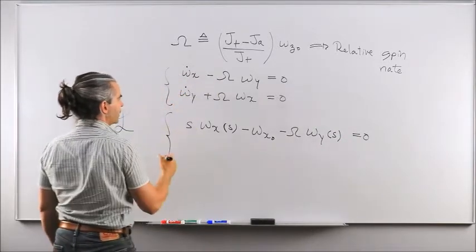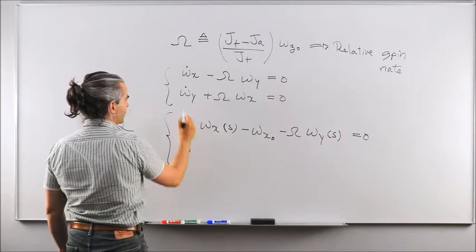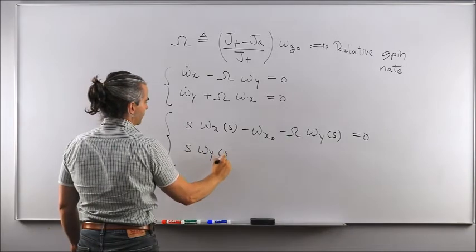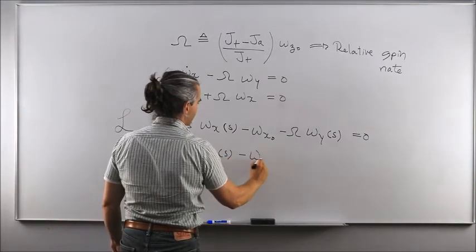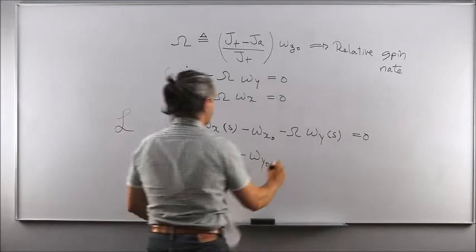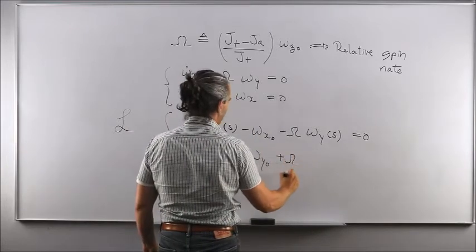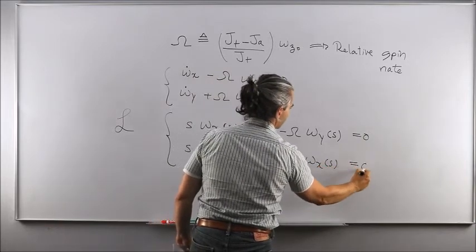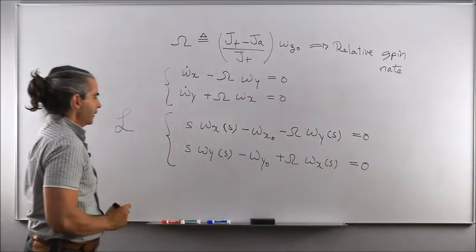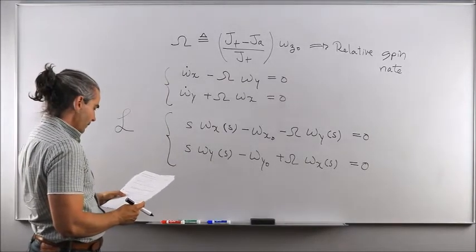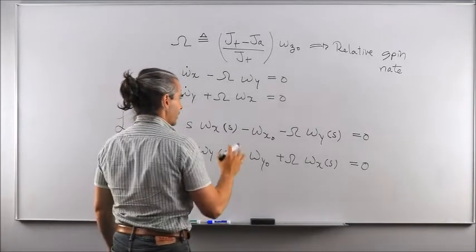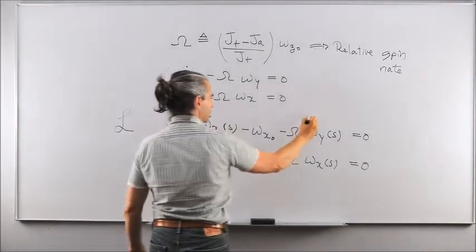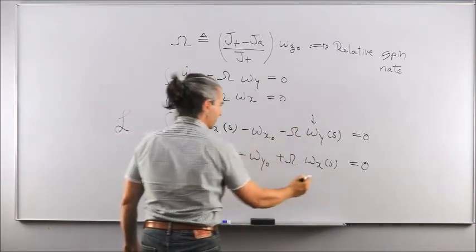We're going to do the exact same thing here for the y equation. So derivative of a time variable means s times the variable in the s domain, minus its initial condition. Now plus relative spin rate times omega x in the s domain equal to 0. Okay? So if you look at that, it means that we have our variables of interest here, here, here, and there.